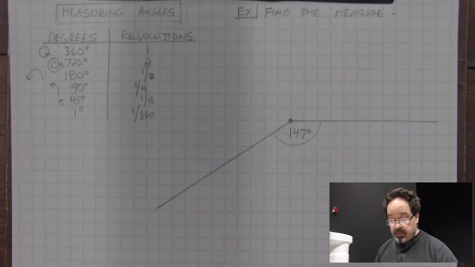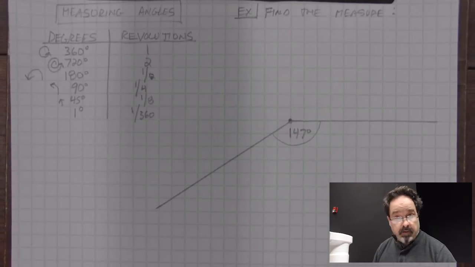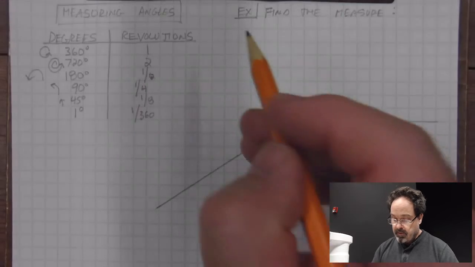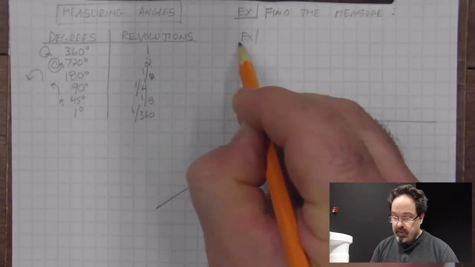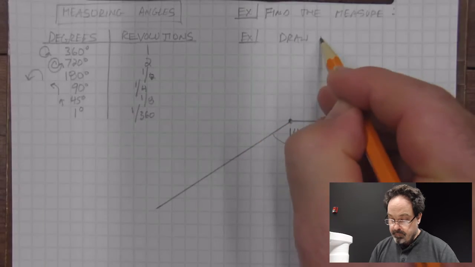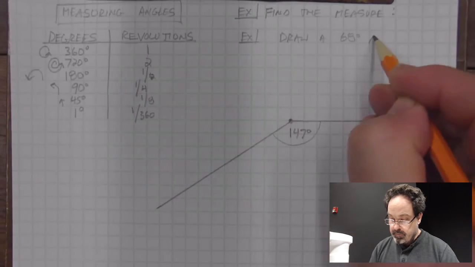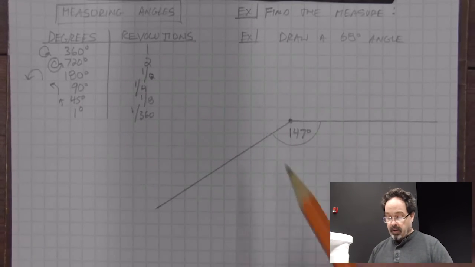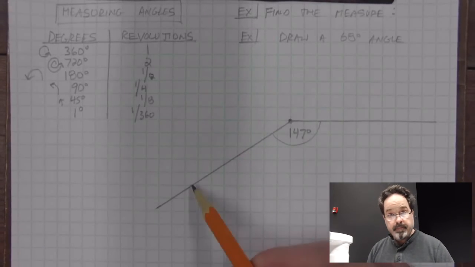I can use a protractor to draw a fairly accurate angle. I'm going to choose to draw a 68 degree angle. I'm going to use this as a side.